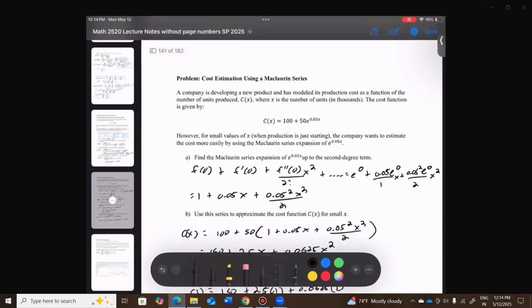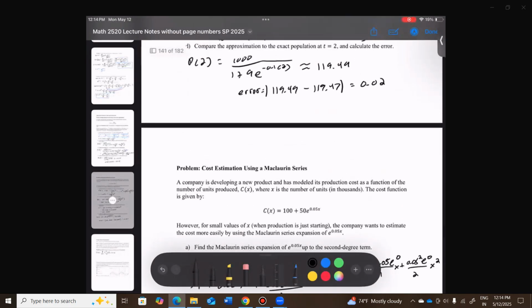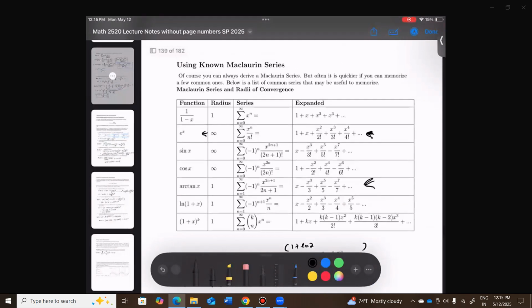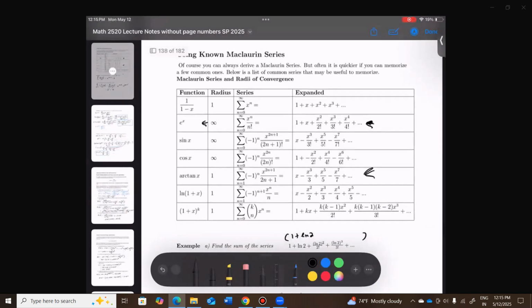Now, where's the table? Which is following our e to the x here.